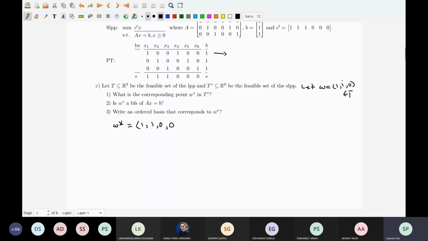It says x3 plus x6 has to be equal to 1. Since in W the third coordinate is 0, it follows that the sixth coordinate will be equal to 1. So that is W star. That is the point W star of T star because it satisfies the equation, and the entries are also greater than or equal to 0.